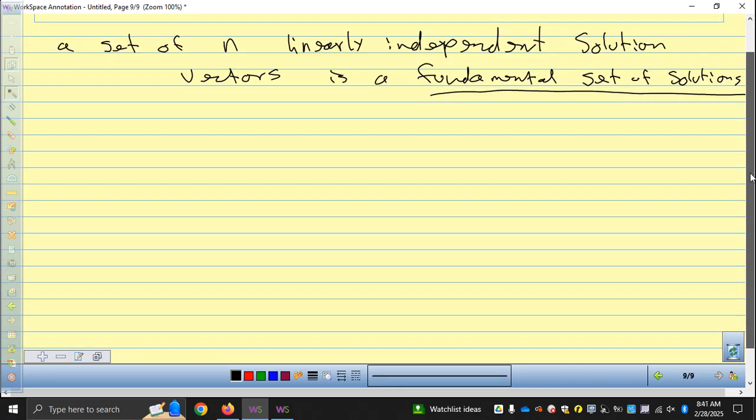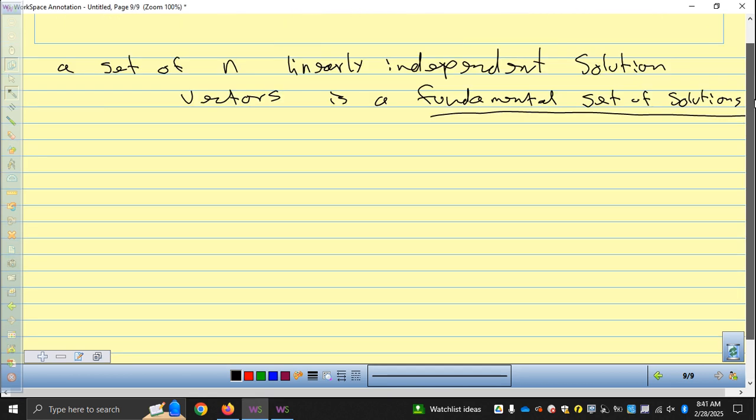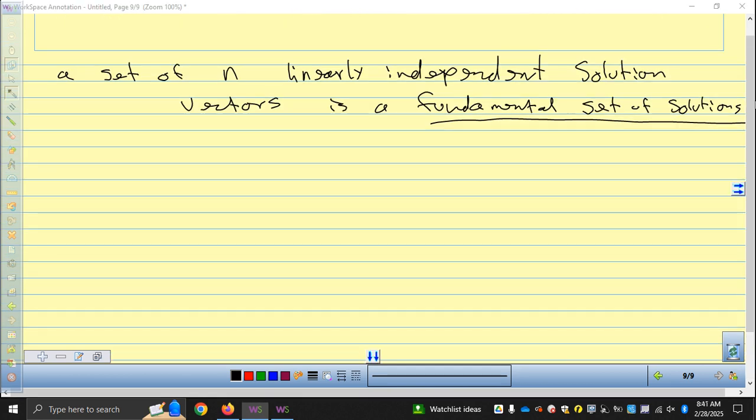So our goal when we're solving these systems is to find, if we have an n by n system, n linearly independent solution vectors. And under the assumptions that we have for A and F, a fundamental set of solutions exists.